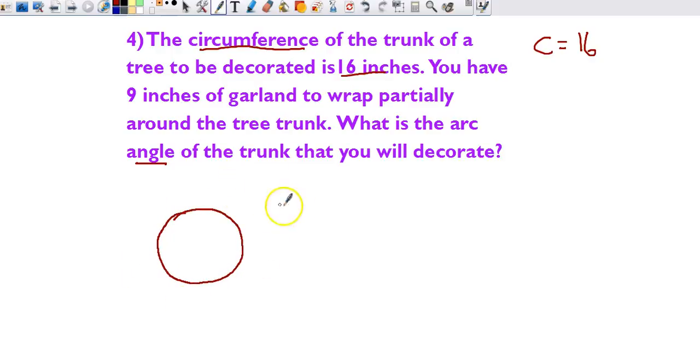Circumference all the way around is 16 inches. Well, let's do 9. Pretend this is 16. If I go around 9, that's a little bit more than half, right?